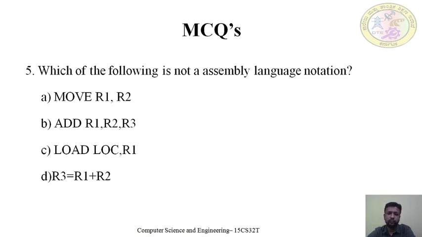So the answer for this question: A, move R1 comma R2 is an assembly language notation. Add R1 comma R2 comma R3 is also an assembly language notation. C, load LOC comma R1, is also an assembly language notation. Whereas D, R3 is equal to R1 plus R2, is not an assembly language notation. So the right answer is D.